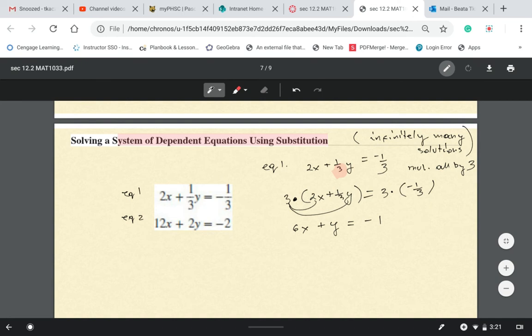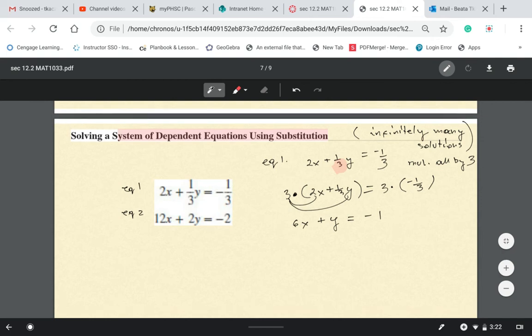Still, this equation doesn't look like equation 2. So I'm going to follow the substitution method and solve the first equation for y. I will subtract 6x from both sides and we end up with y equal negative 1 minus 6x.